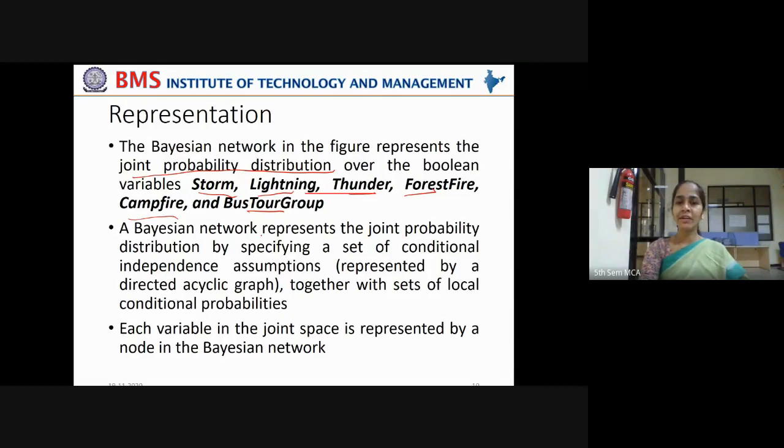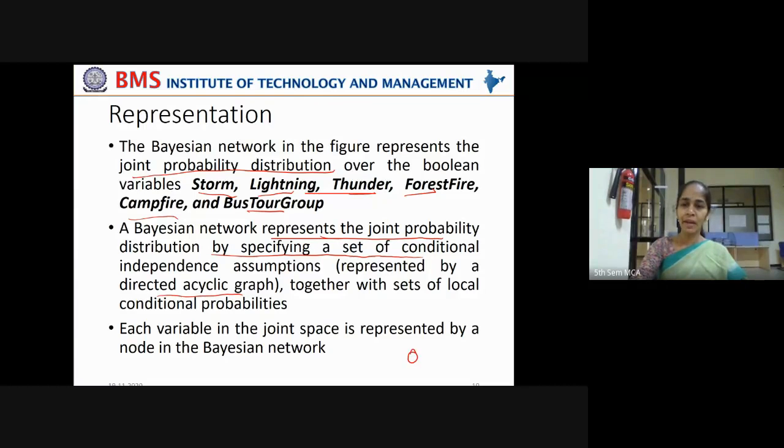Now, a Bayesian network represents the joint probability distribution by specifying a set of conditional independence assumptions represented by a directed acyclic graph. Acyclic graph means you don't have a connection back to the predecessor.